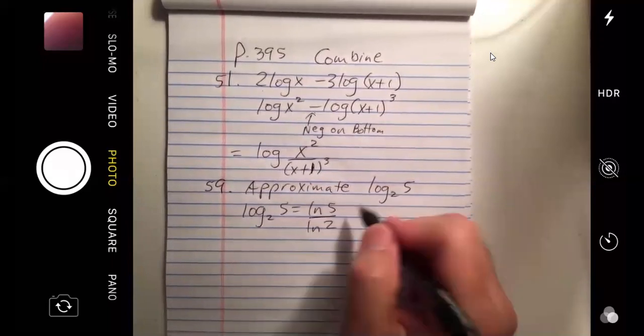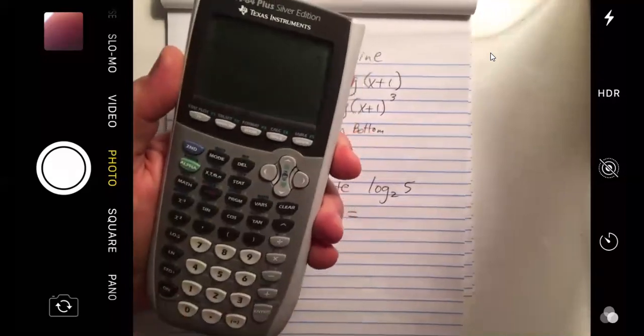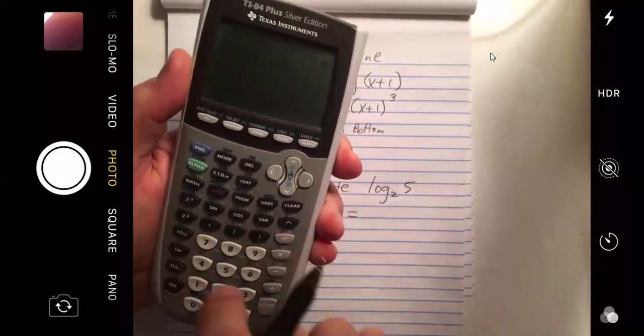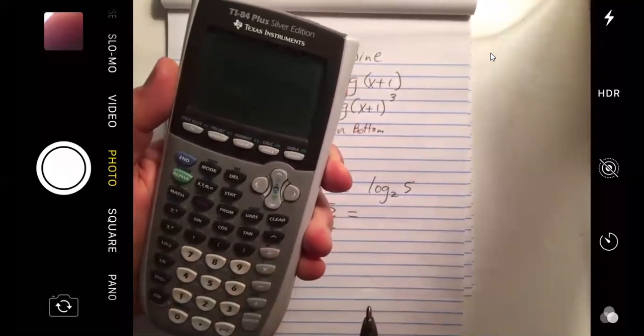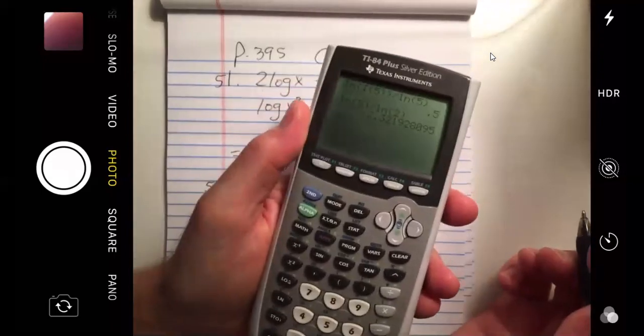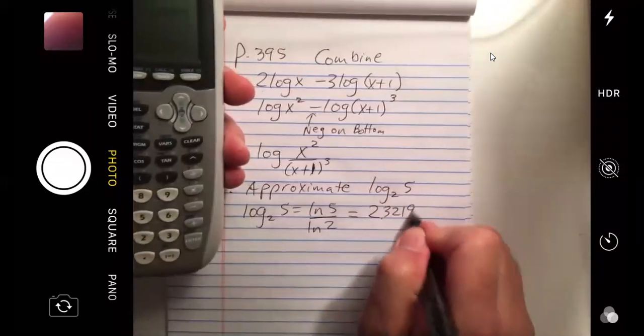And you'd have to reach for a calculator. Ln of 5 divided by ln of 2, 2.3219.